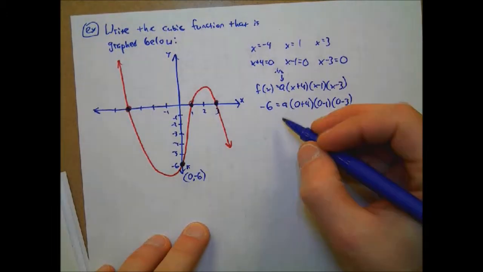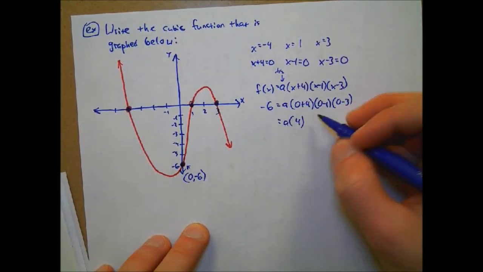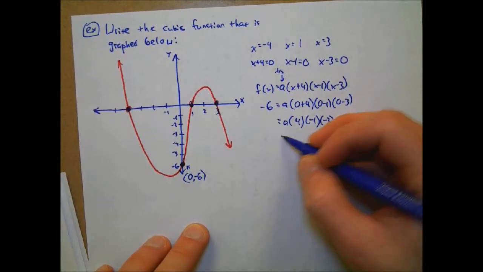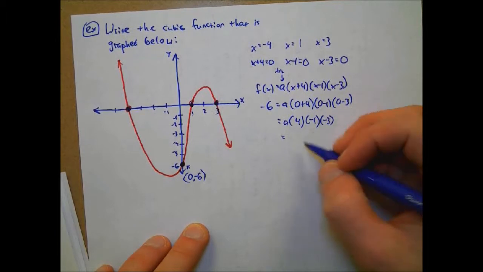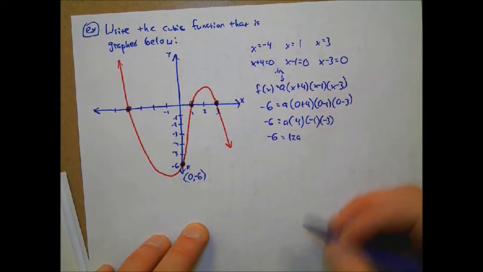So 0 plus 4 is 4. 0 minus 1 is negative 1. 0 minus 3 is negative 3. If I multiply these all together, 4 times negative 1 times negative 3, I get positive 12. So I get 12a equals negative 6.